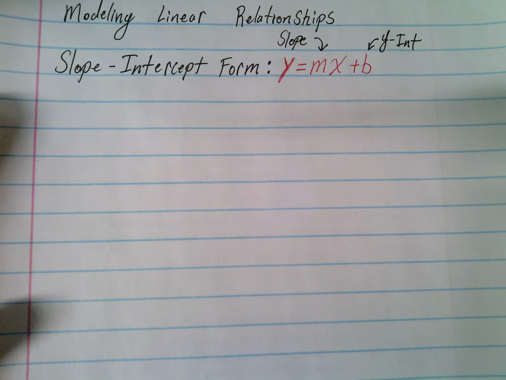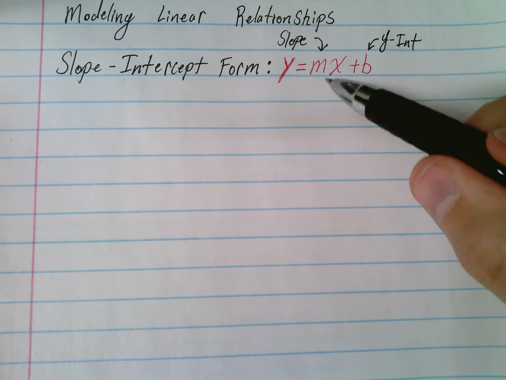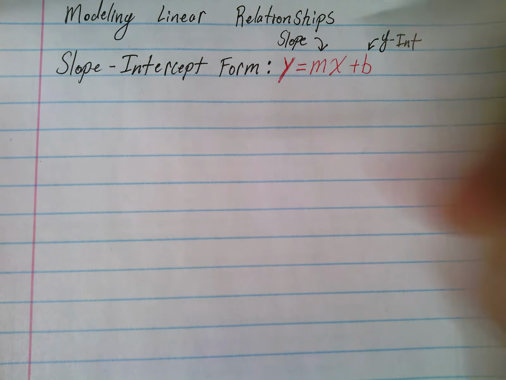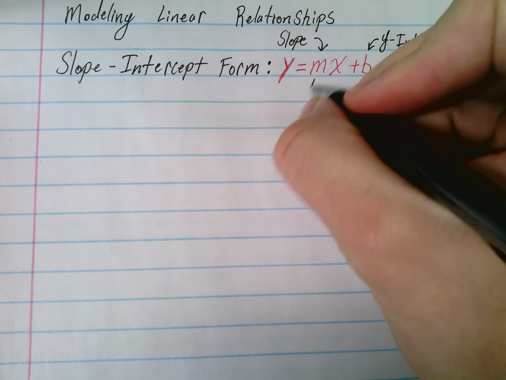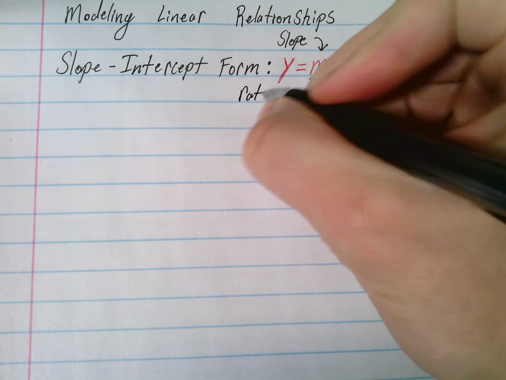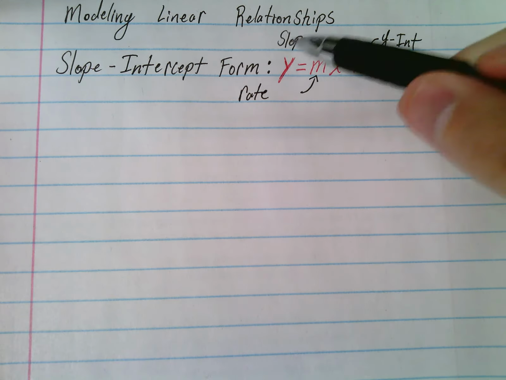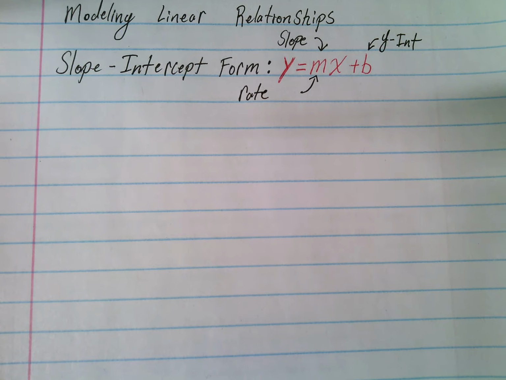But as we're talking about word problems here and modeling linear relationships, there are a couple of things we want to note that are slightly key words, if you will, for these types of problems. If we see a problem that has a rate, or a rate of change, remember, rate and slope mean the same thing.